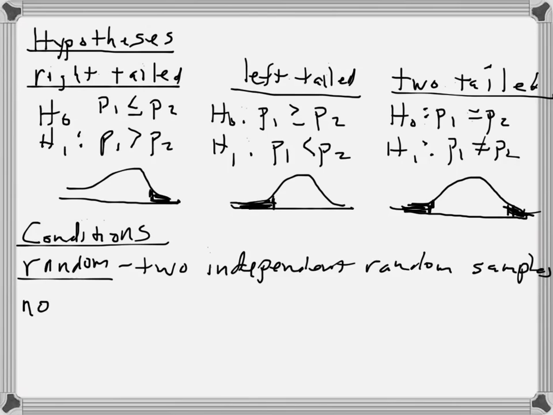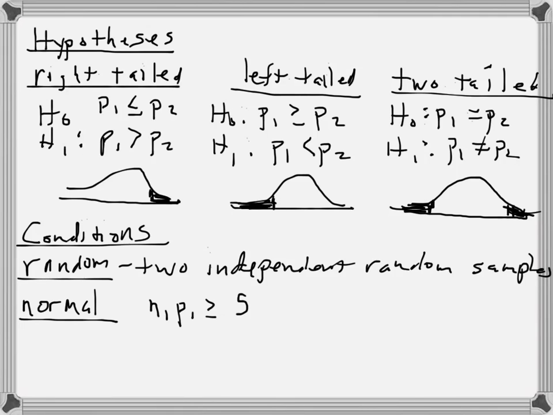And normal, do you remember what the normal condition is for a one sample z test for P? No, you forgot. I know, because I've been grading your tests. That was a bad joke.